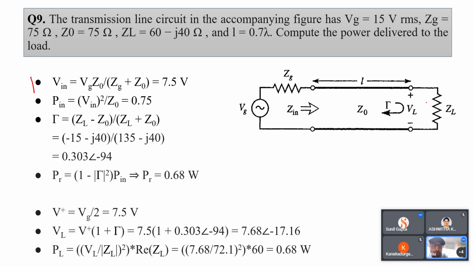Reflection coefficient, I think you all can find out, because the relation is the same. You just put the values of ZL and Z naught, and after that you will get the value as 0.303 phase minus 94 degree. Now the thing is how to find the value of input power.